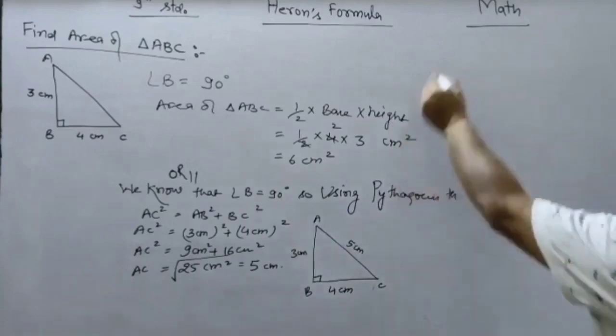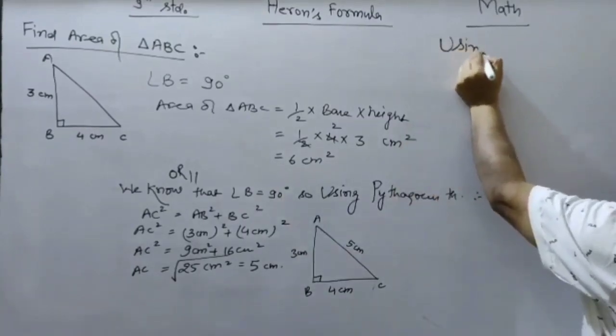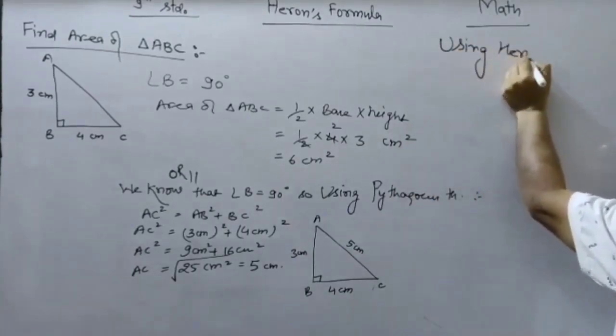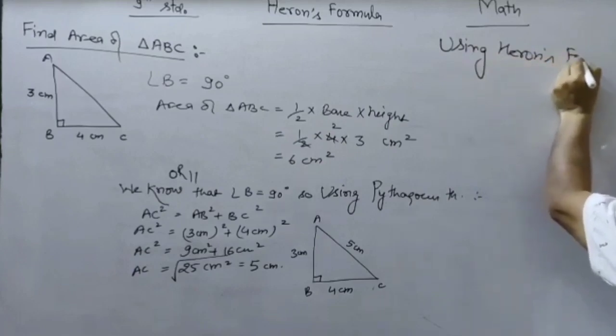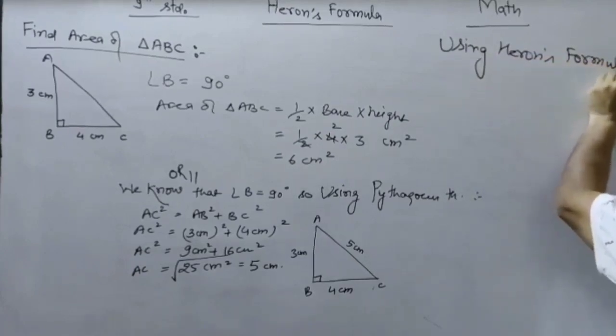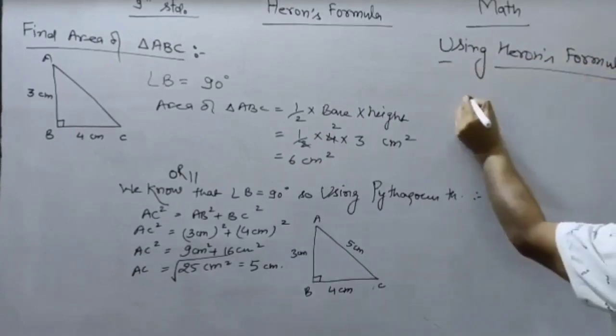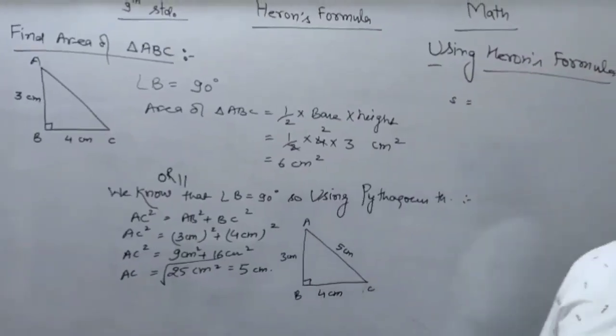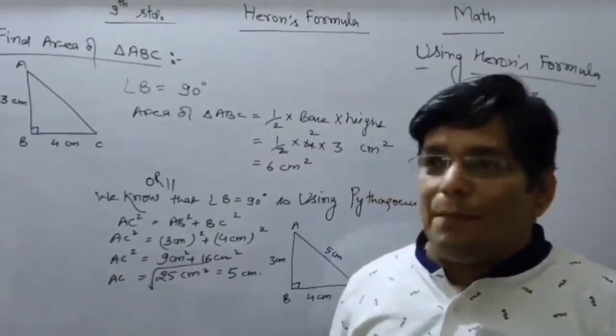So using Heron's formula, first of all we should calculate S. What does S mean? I told you, semi-perimeter.